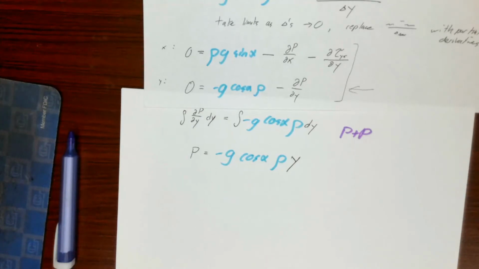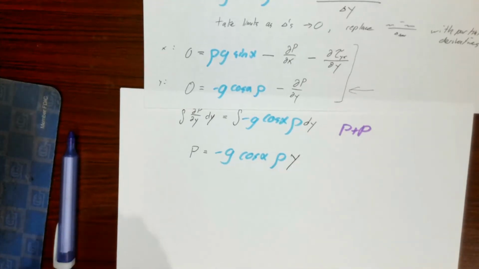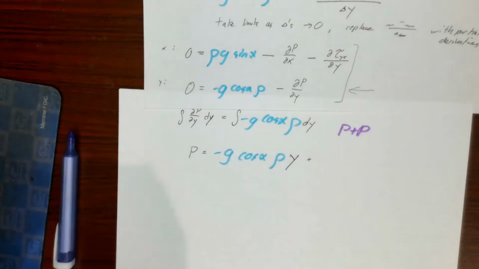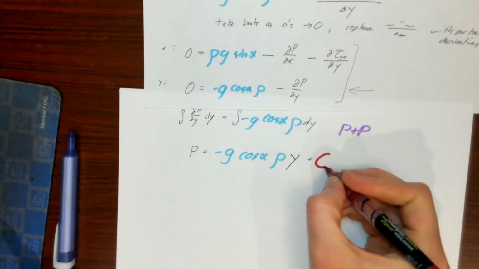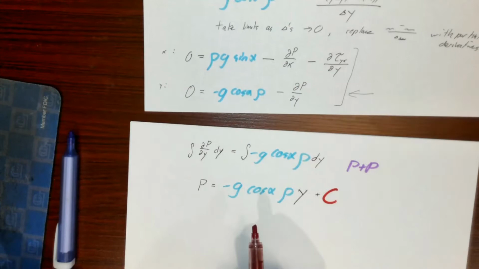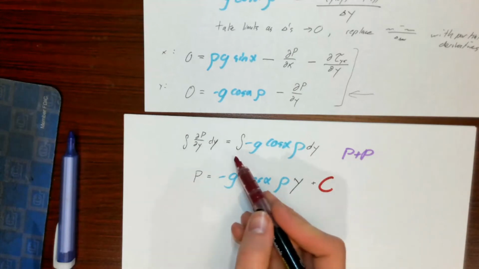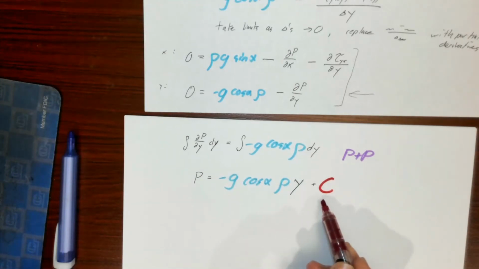Well, some of you who would be dusting off the high school calculus might be like, hey, wait a second. When you integrate something, you get plus c. And if you were integrating ordinary derivatives, that would be correct, right? If you have indefinite integrals and you integrate, you get plus a constant.